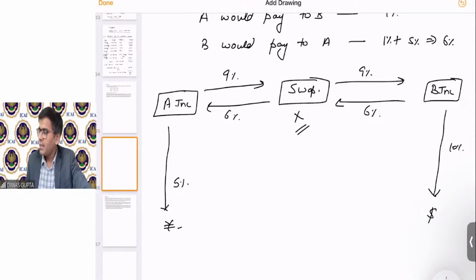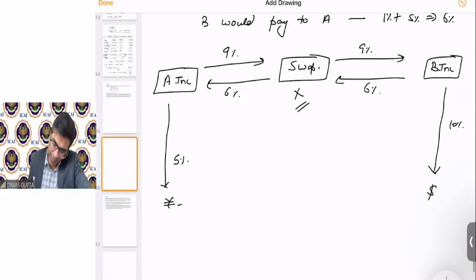So ultimately, what is the overall cost for A? A will pay 5%. It will also pay 9%. It will receive 6%. So 5 plus 9, 14 minus 6 is 8%, correct?